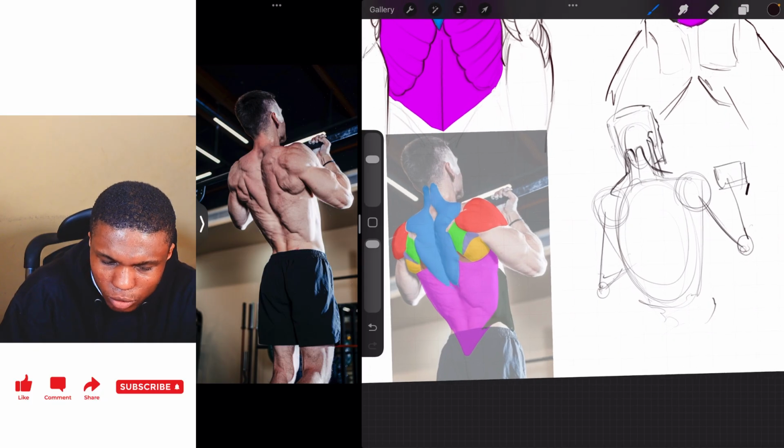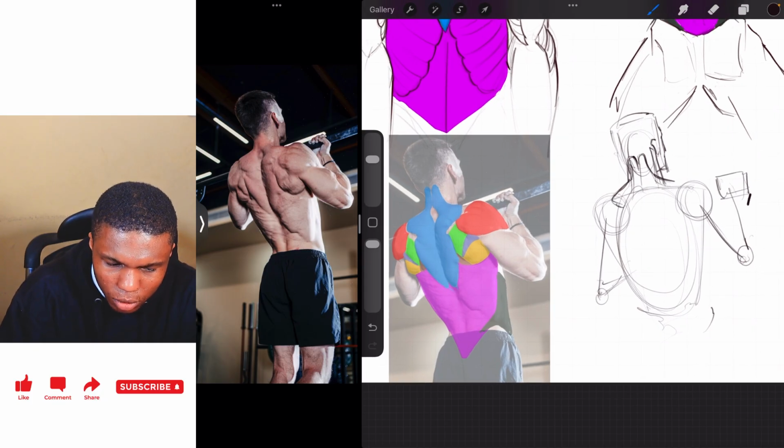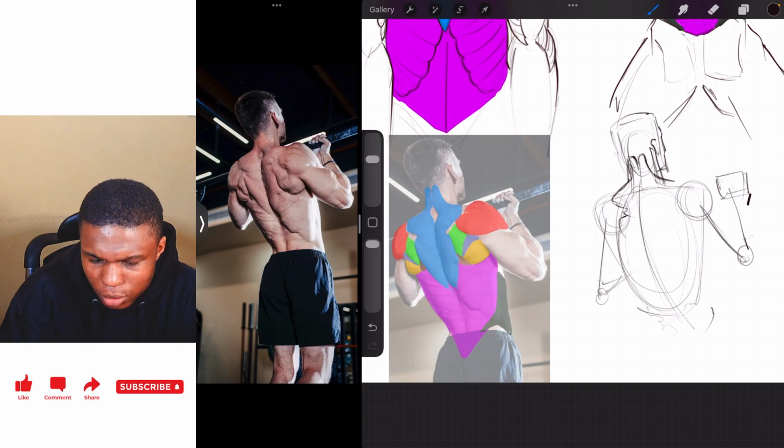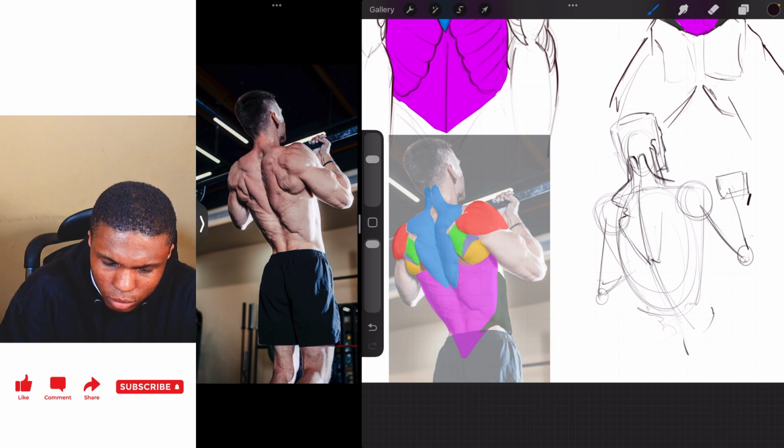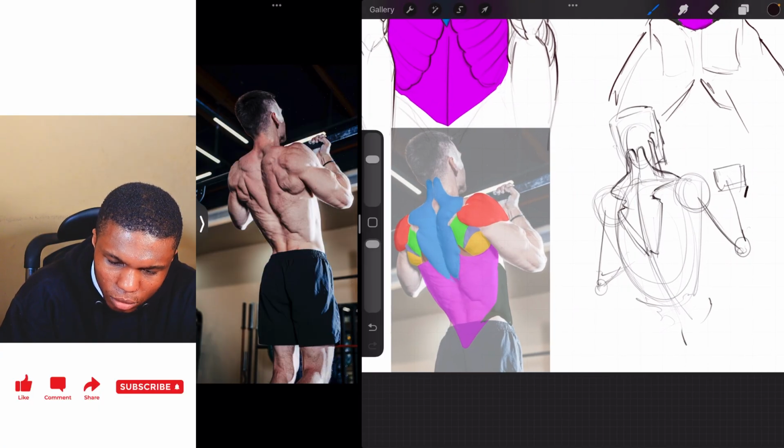I do kind of want to make it look good, but I'm not too focused on that. And then the deltoid shape.